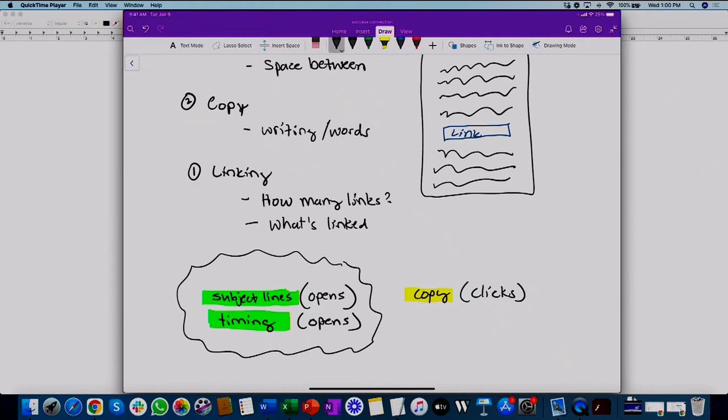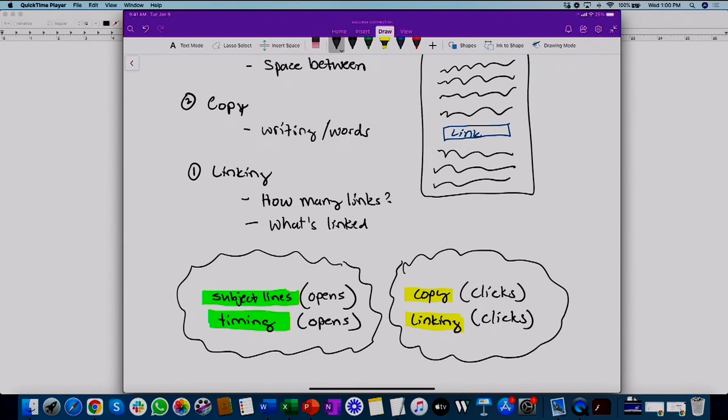But money is made when you actually get clicks on your link, right? So obviously the copy and your linking strategy, how often you put links, what words are linked, and so on, those are the things that really affect the number of clicks that you're getting, okay?